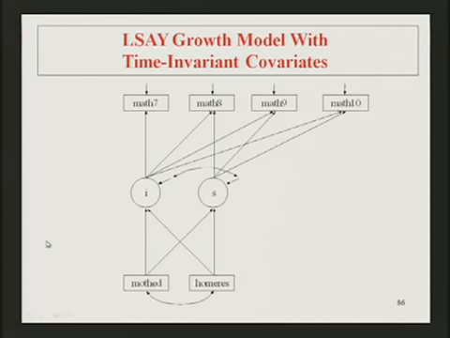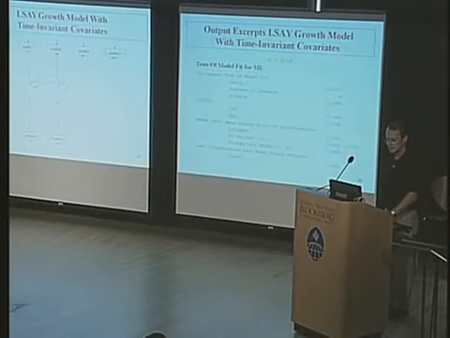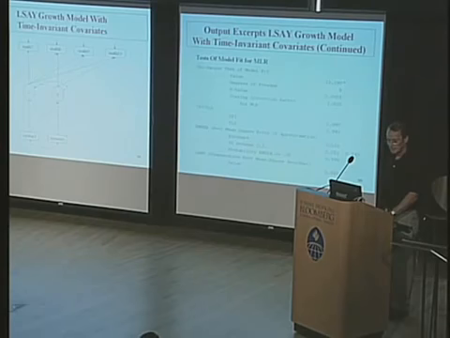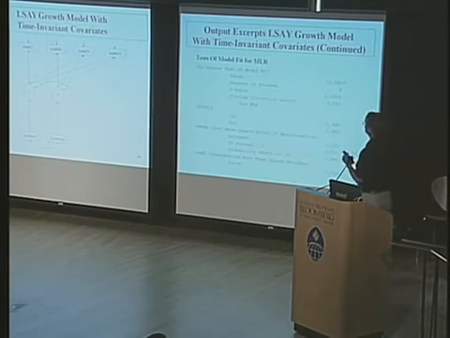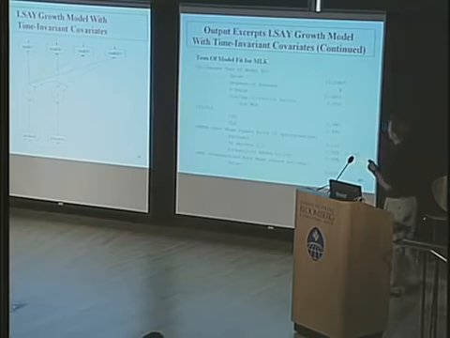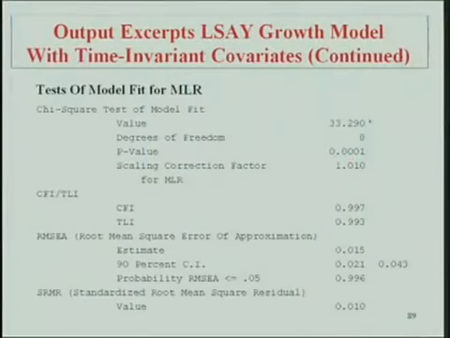Anything above 0.95 is what the literature says is good, although that's a very debated topic. Let me just say MLR. What is that? MLR stands for, R stands for robust, ML for maximum likelihood. So this is a way to get non-normality robust results. So somewhere along the line, you want to check, are my data normal?